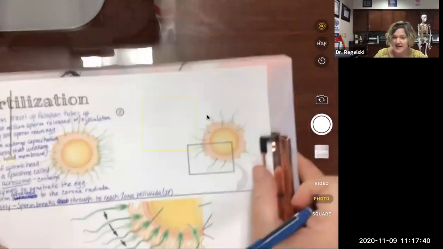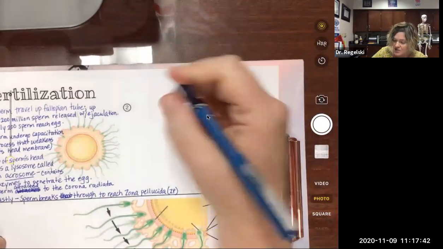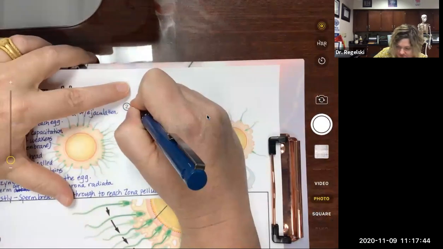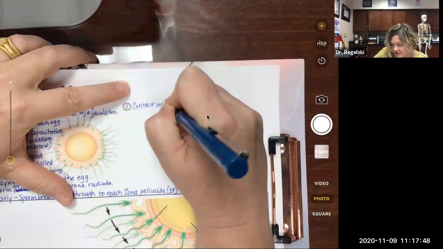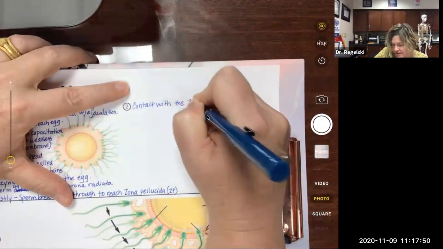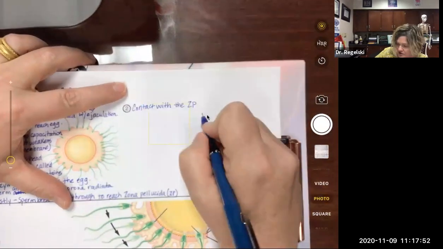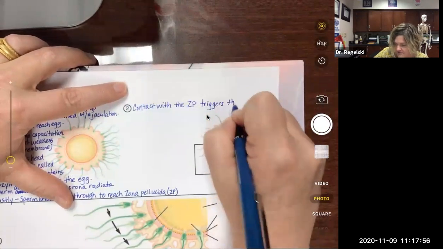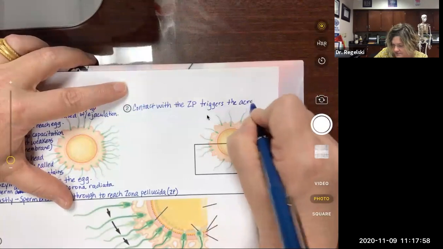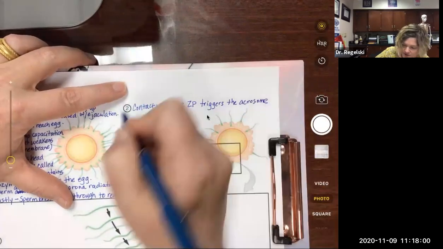So the second thing that happens is actual contact with the zona pellucida, or the ZP, triggers the acrosome reaction.